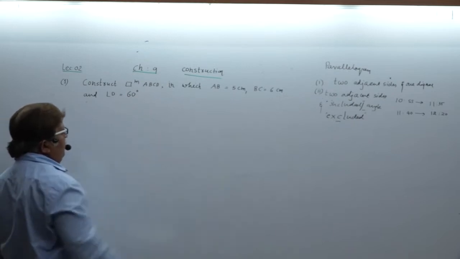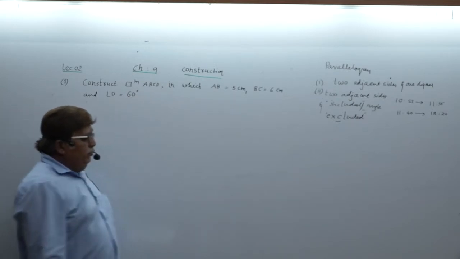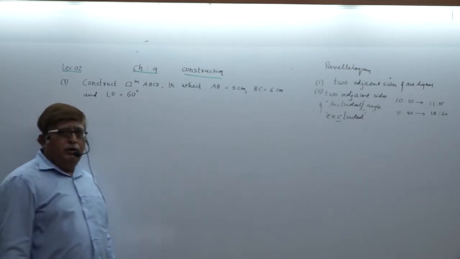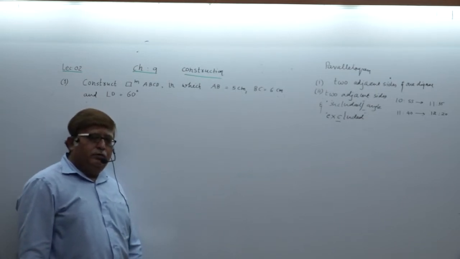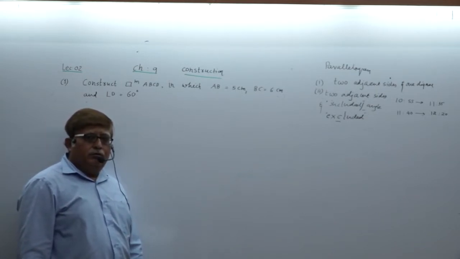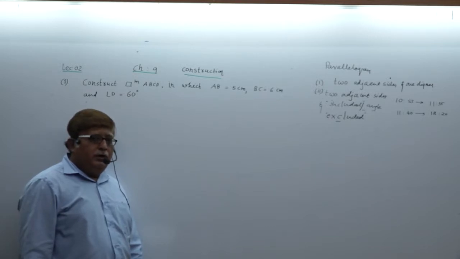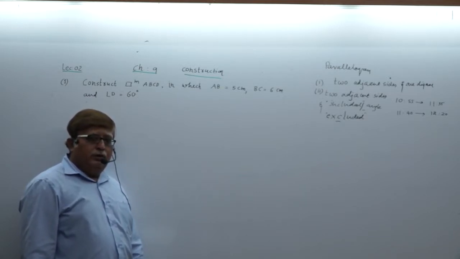Now, as you all know, the properties of parallelogram that we have revised and also discussed in detail in our chapter number 1. Which were those properties? If you can remember, opposite sides are parallel and congruent. Second one, opposite angles are congruent.